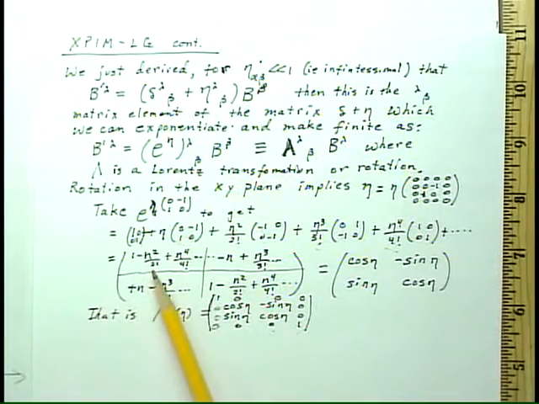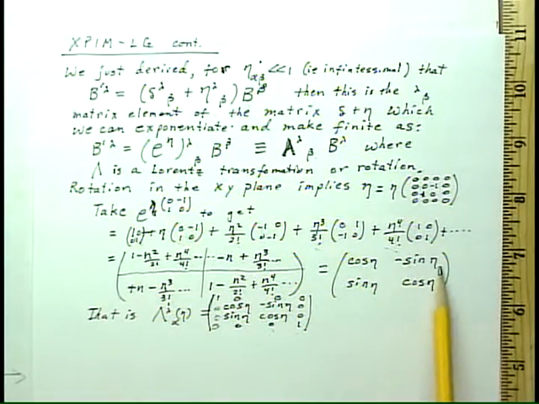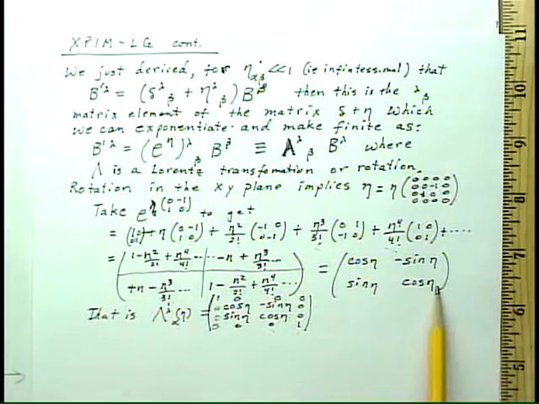Well, we can see the pattern from the little bit that we've presented so far. And the pattern is very simply. This is the cosine of eta. This is the negative of the sine of eta. This is the sine of eta, and this is the cosine of eta.